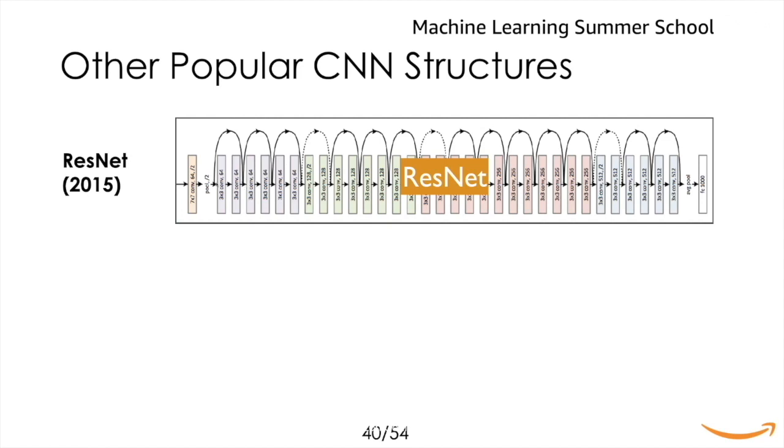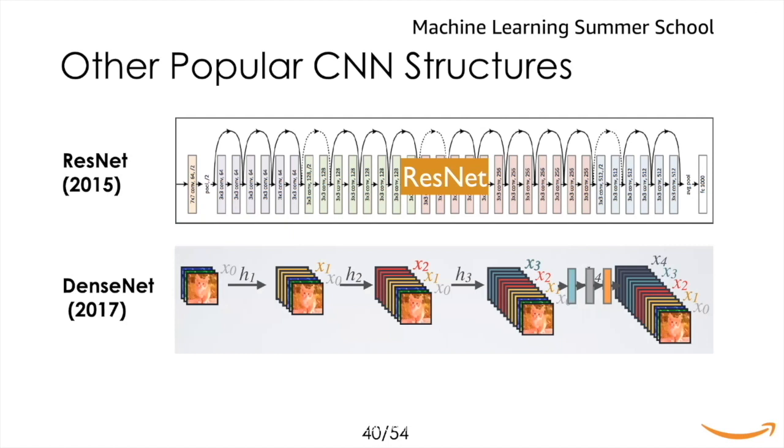So the output of this particular layer was directly added to the output of this layer, and the sum was passed to the next layer, right? So this layer only needed to learn the residuals. This architecture allowed the authors to train a 150 layer network and win ILSVRC 15.